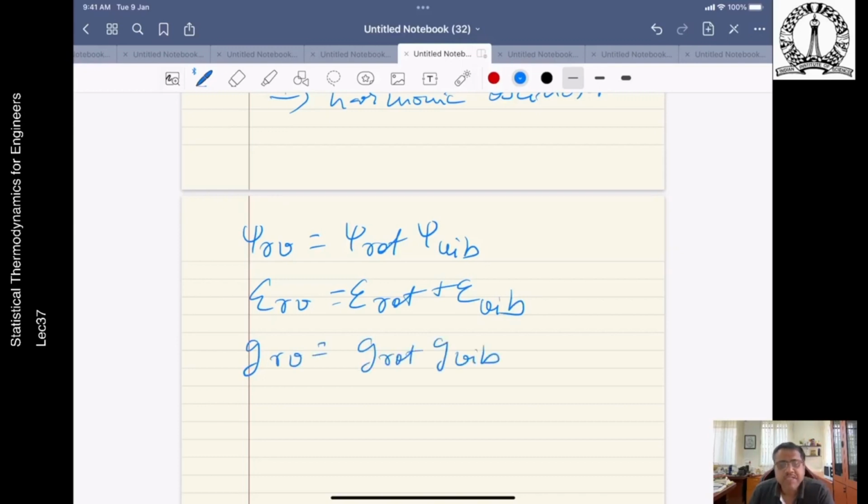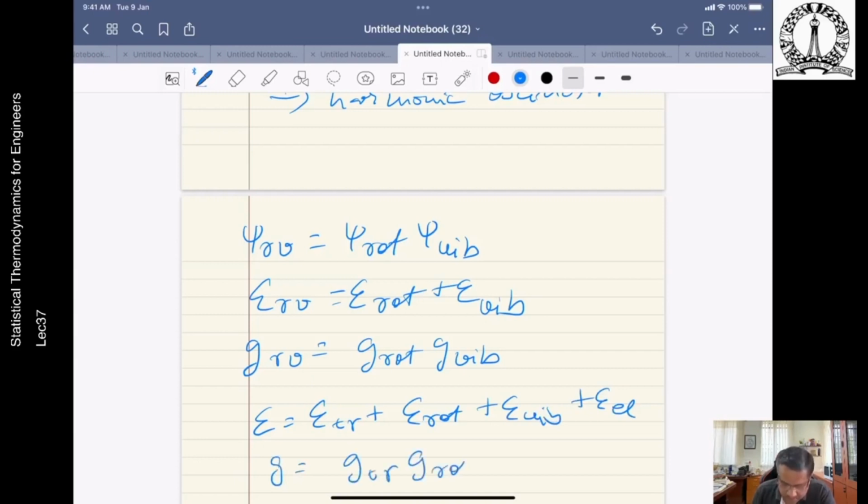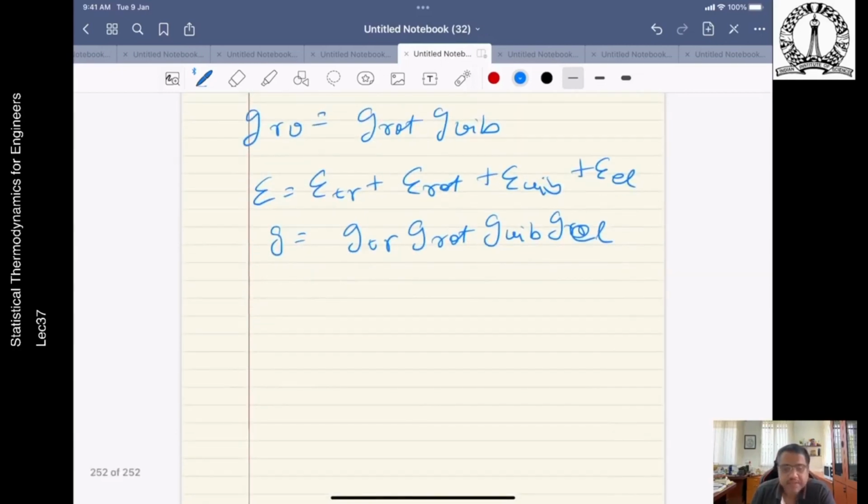Accumulating all these approximations and assumptions, the total energy is therefore translational plus rotational plus vibrational plus electronic, and g is equal to g translation, g rotation, g vibration, g electronic. In other words, there is a full separation of the independent energy modes.